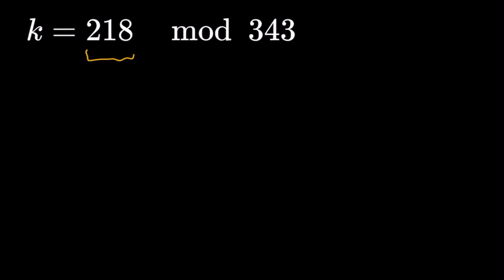Now, it's going to be a 3-digit number, right? There's going to be 3 digits: technically the 7 raised to 0th digit, 7 raised to first, and 7 raised to second power. So we're going to express 218 as a sum of 7 squared, 7 raised to 1, and 7 raised to 0.